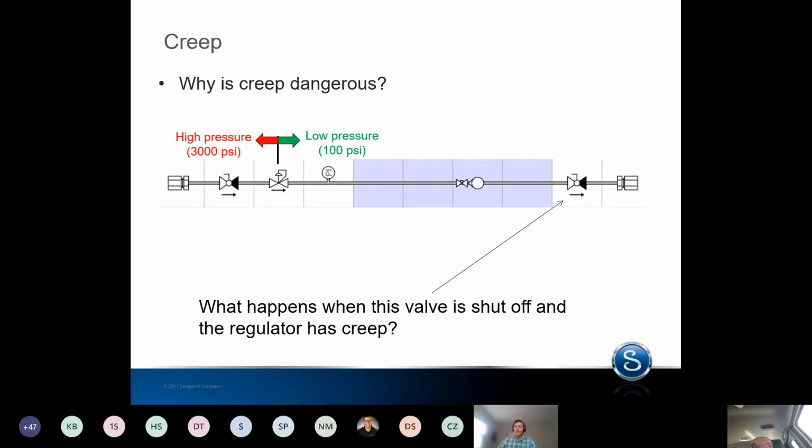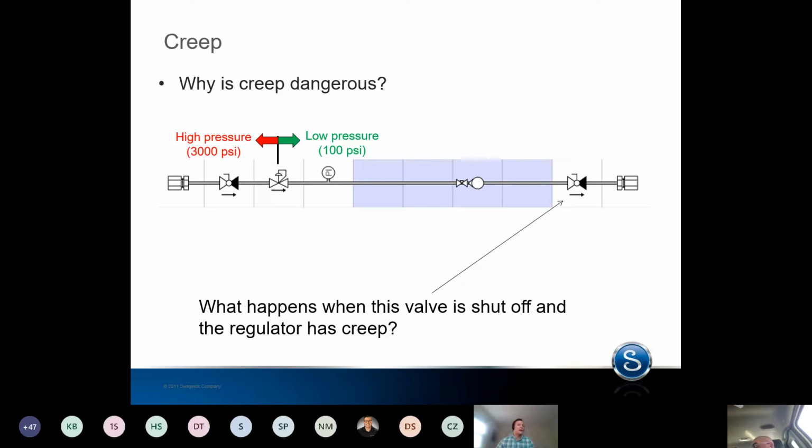If you imagine this is a test bench and the testing is over, so we shut off the shut-off valve, but we have creep in this regulator. We have a high pressure cylinder, and there's seat creep in this regulator.